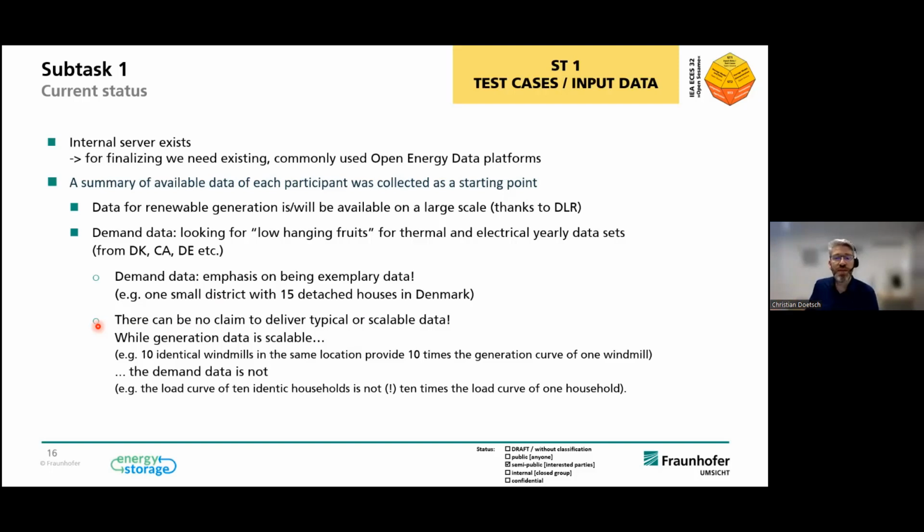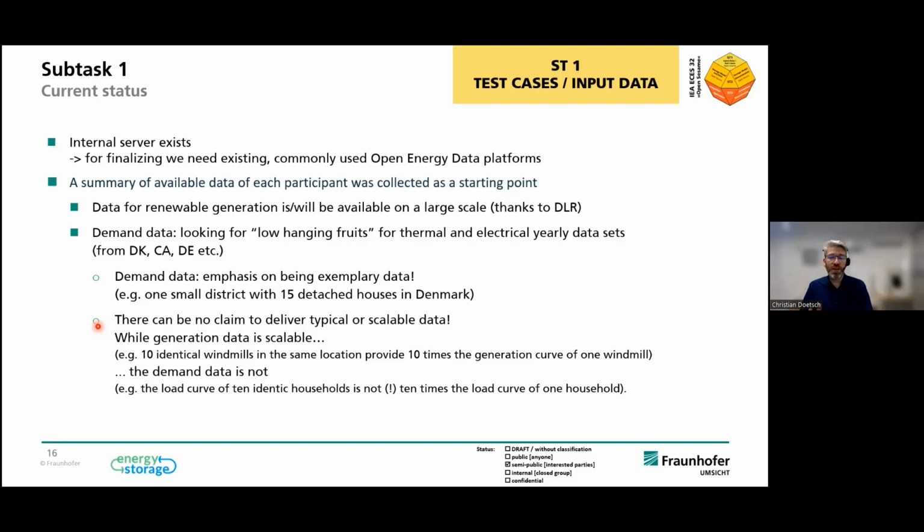But if you have demand data, you can imagine if you have the demand for one detached house, you can't multiply it by 1,000 to get the result for 1,000 houses, because there's always a balance in between all the houses of the peaks and so on. So generation is scalable, so that we can deliver typical data. On the demand side, it is not scalable, not in this case.